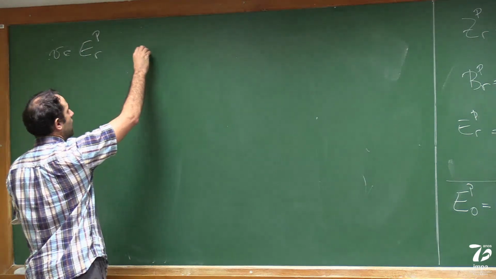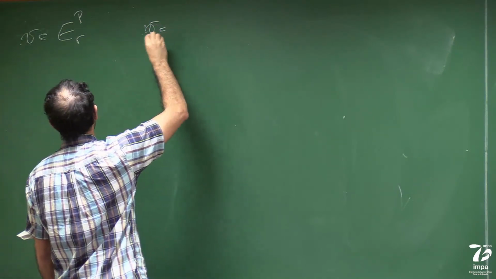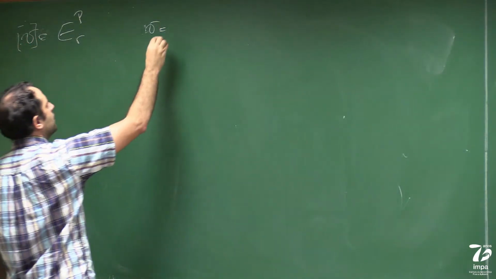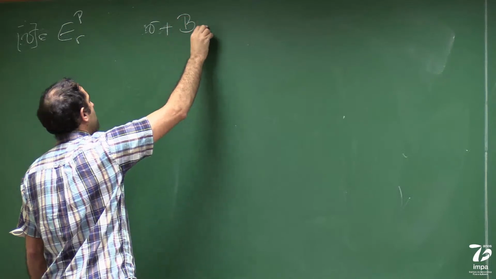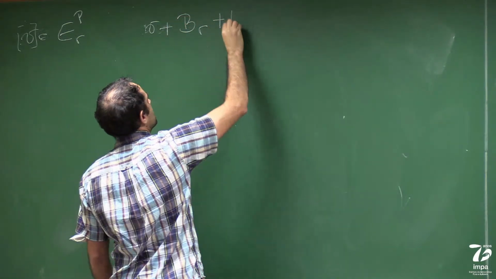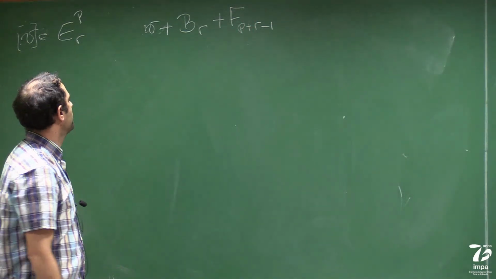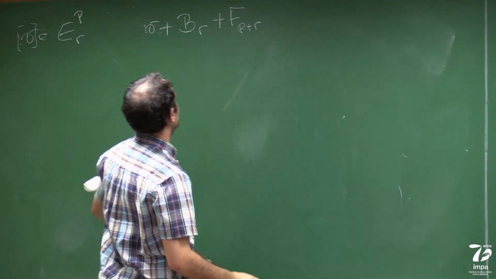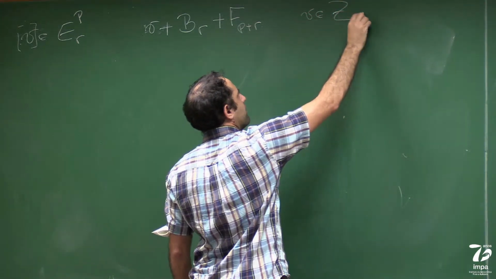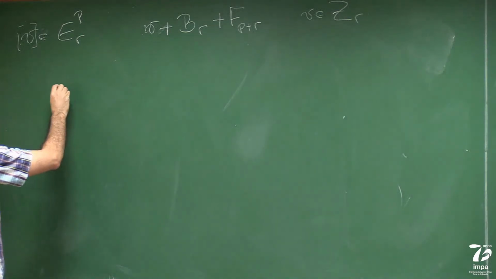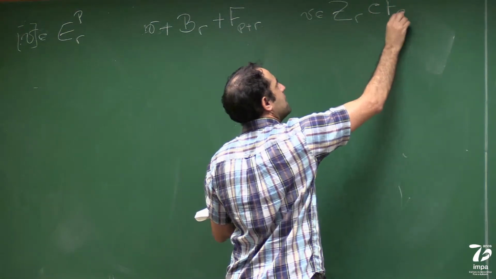Then this V can be written as an element of the form, let me write it like this, the class of V plus some Br plus something that is in FP+r, which is what I care about, where V is in Zr, which is inside of FP.